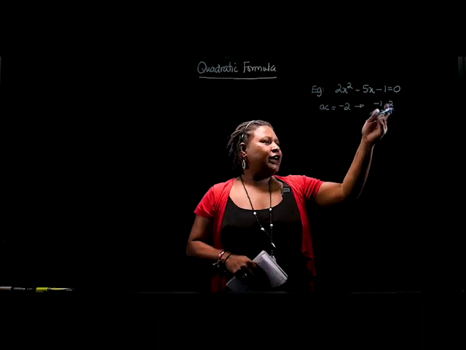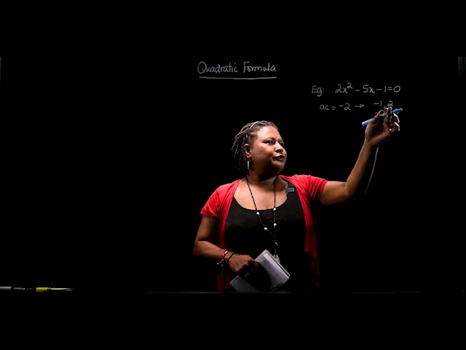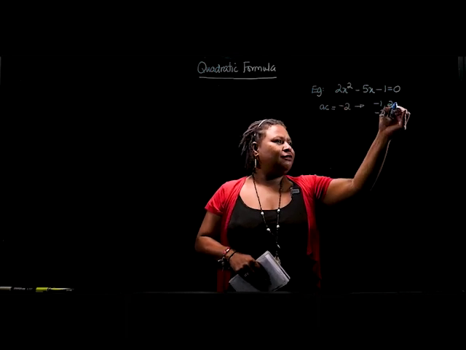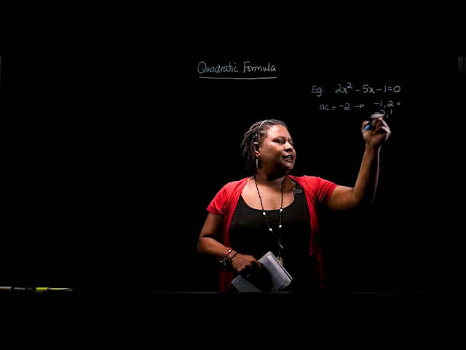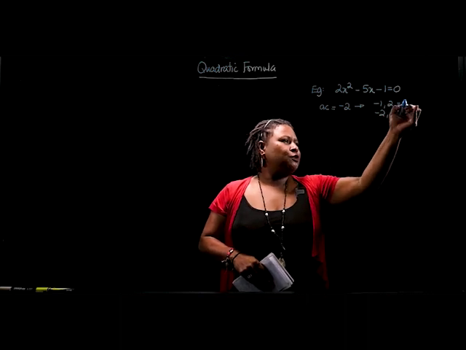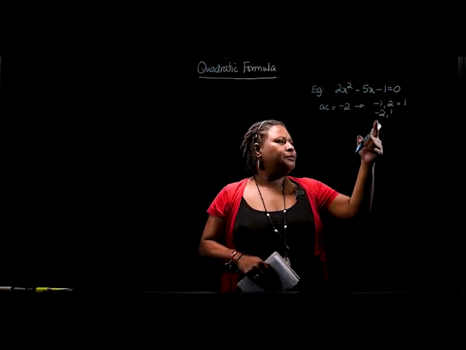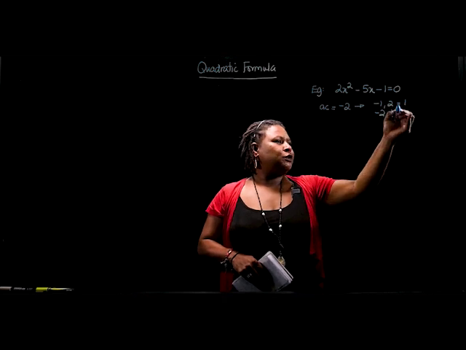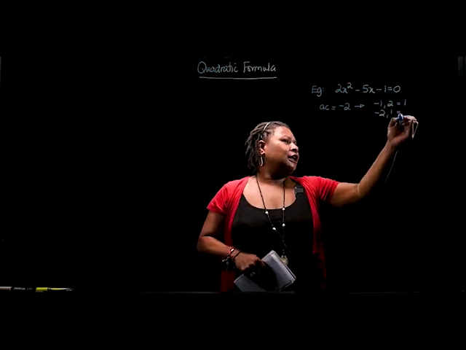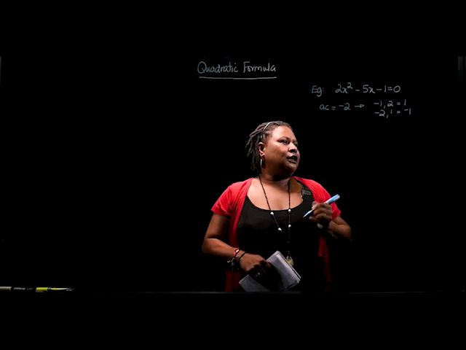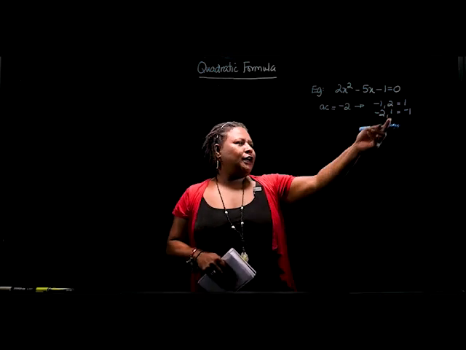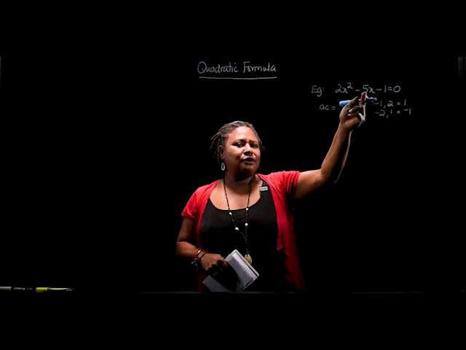Now you need to check whether those two pairs will give us a sum of negative 5. If I add negative 1 and positive 2, my answer is positive 1. And negative 2 plus positive 1 gives me negative 1. Nowhere near the middle term.